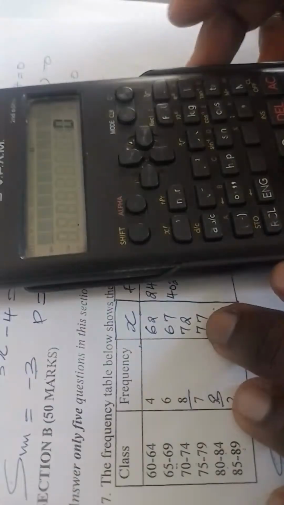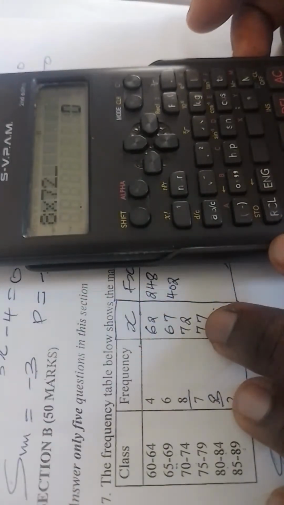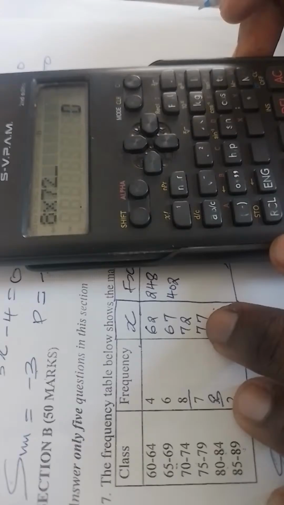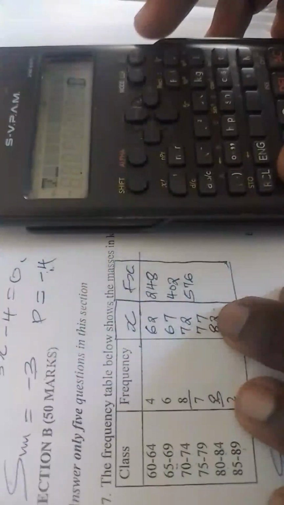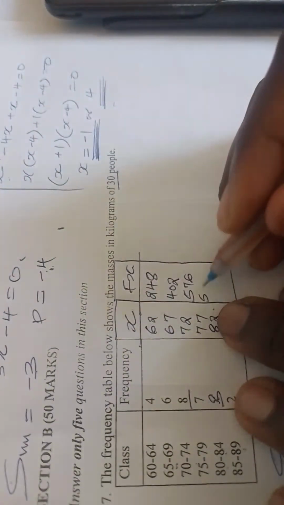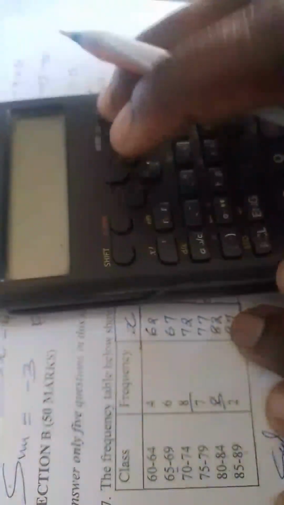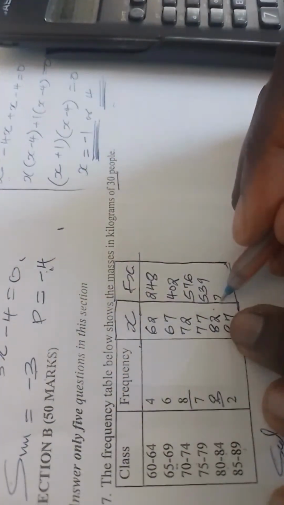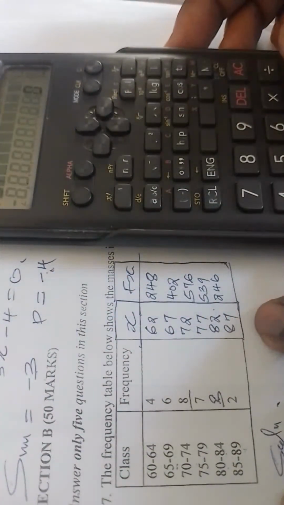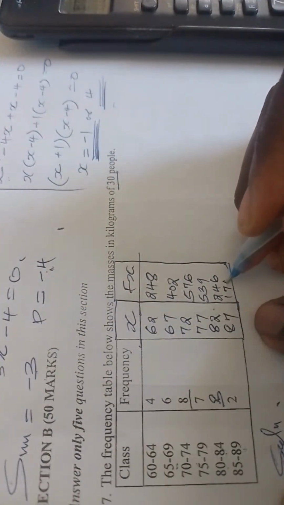Then we can take 8 times 72. This one will give us 576. Then 77 times 7. This one will give us 539. Then 82 times 3. This one will give us 246. Then we have 87 times 2. It will give us 174.